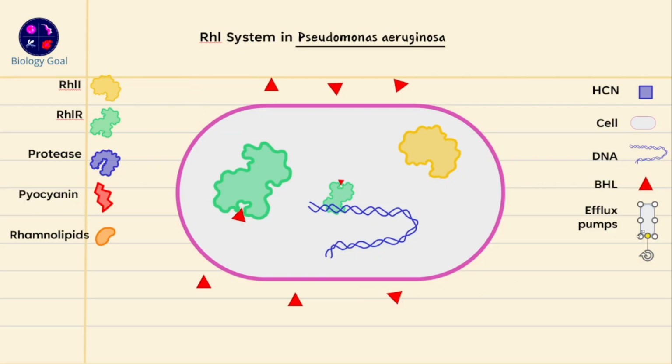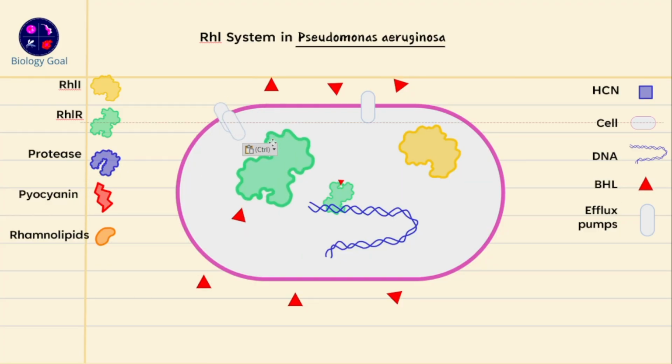Another thing is we also have efflux pumps. So I do have illustration for efflux pumps. These are the protein molecules that are present on the surface of the bacterial cell. As you can understand with the name, efflux means they are involved in taking the molecules in and out from the cell.